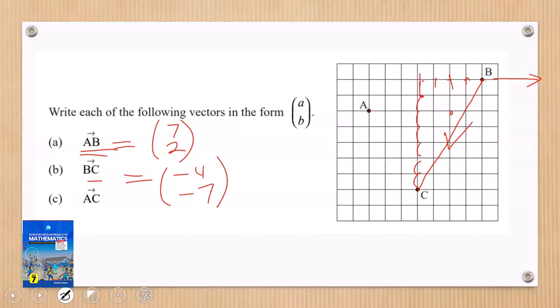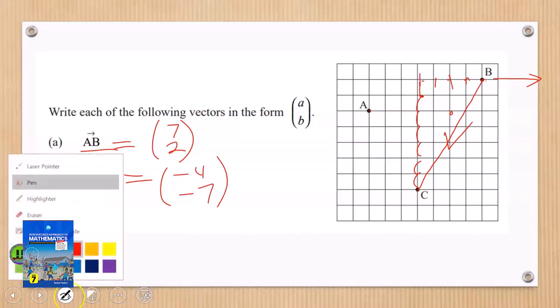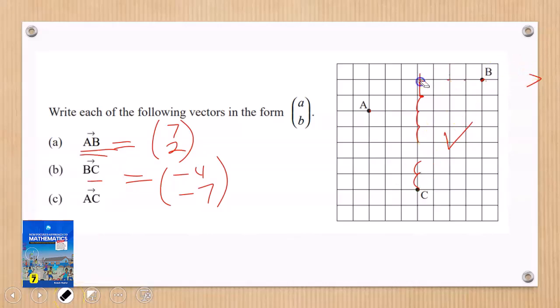Then let's look at the last one, vector AC. AC means I'm at A and I'm heading towards C. So if I'm going from A towards C, what will be the vector?